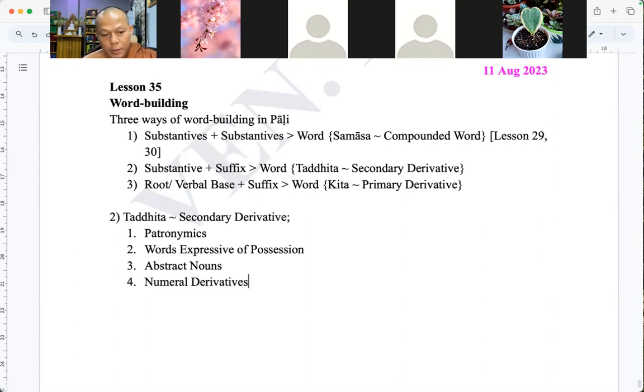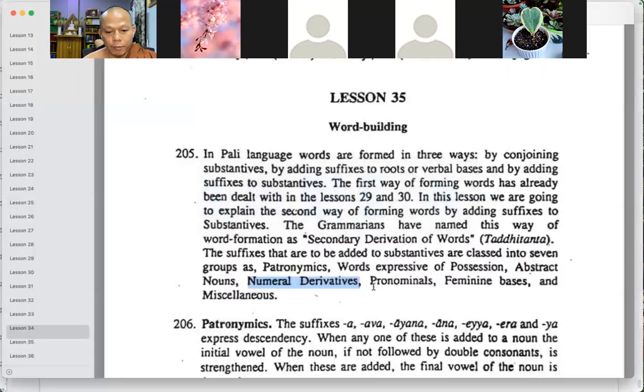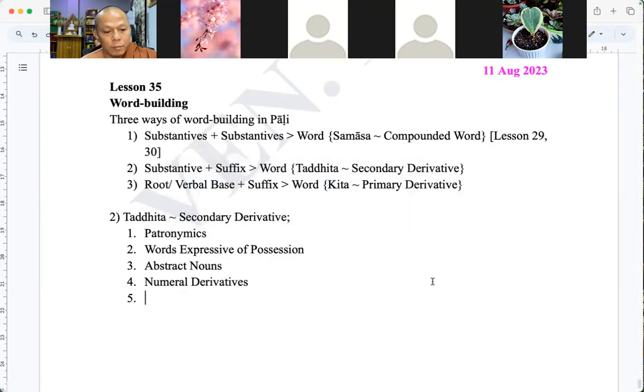Fifth is pronominal. Sixth is feminine bases.